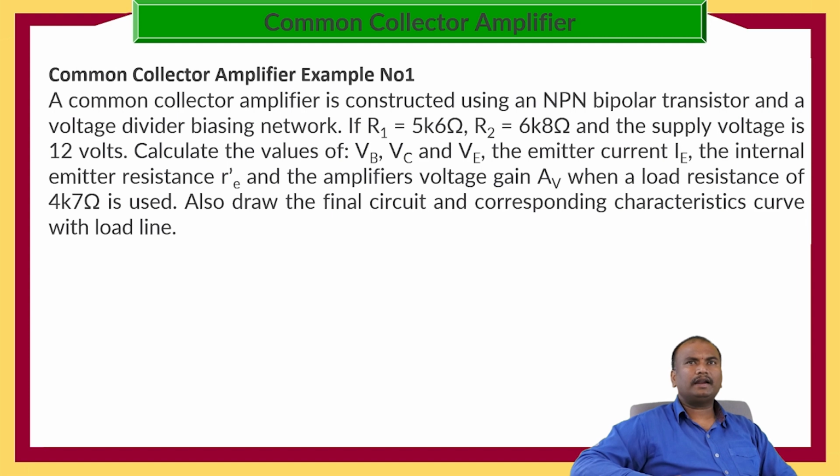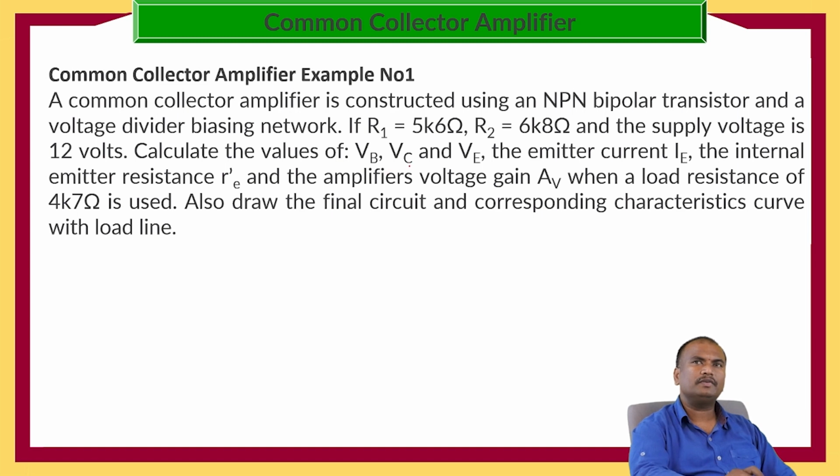The common collector amplifier example. The common collector amplifier is constructed using an NPN bipolar transistor and a voltage divider biasing network. If R1 is equal to 5 kilo ohms and R2 is equal to 6 kilo ohms, and the supply voltage is 12 volts.